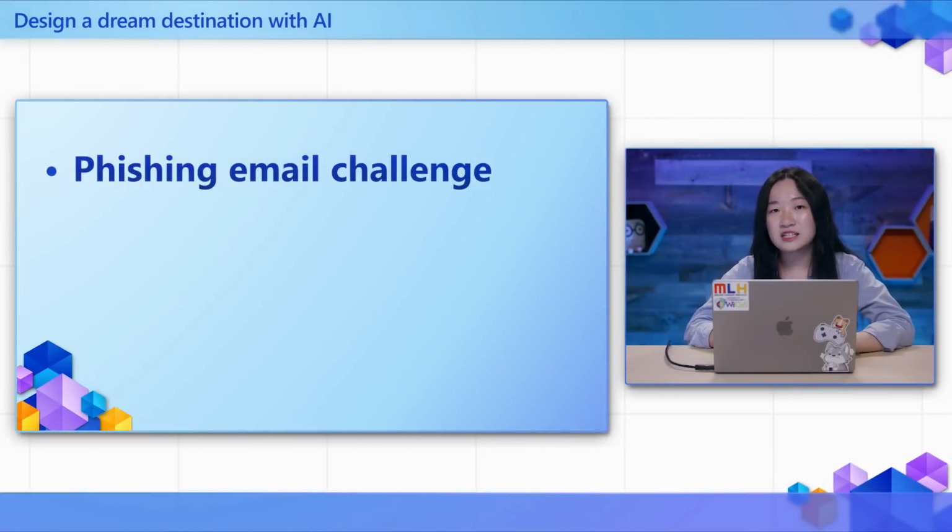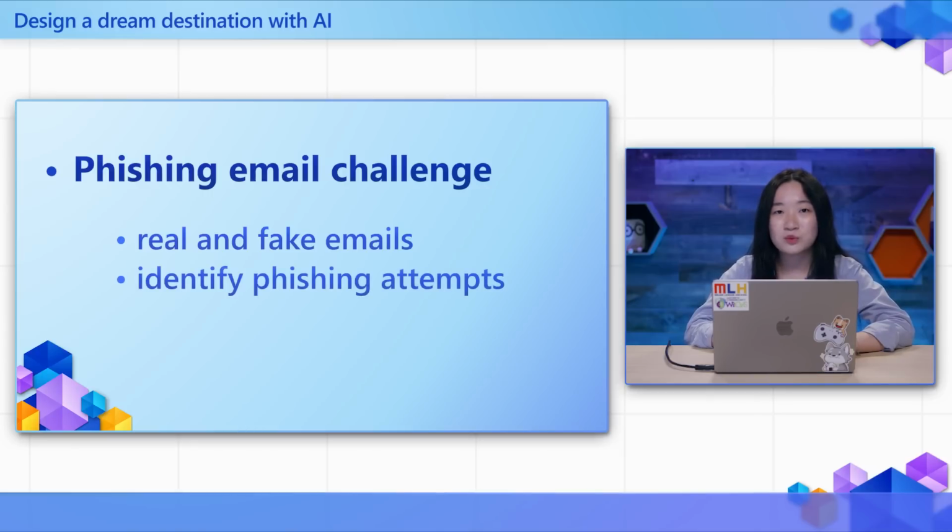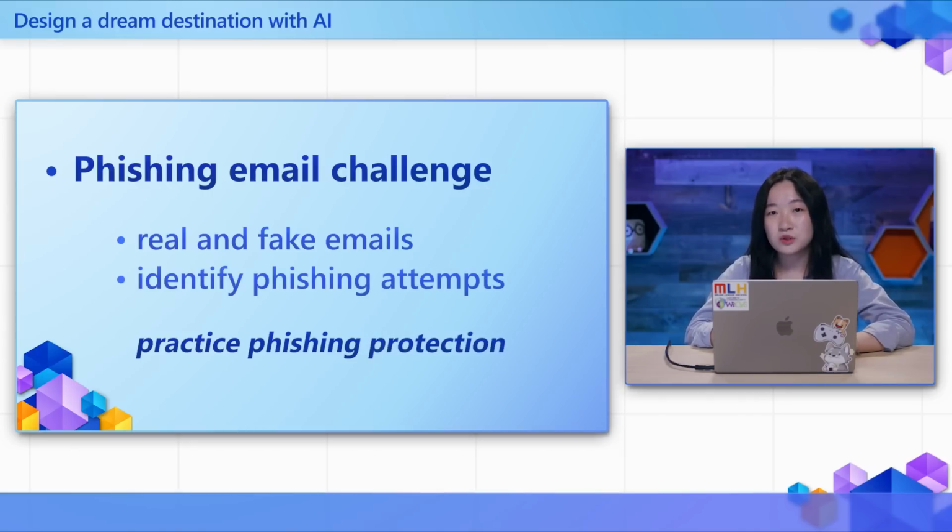Now our second idea is a phishing email identification challenge. Another engaging activity where players are given a set of real and fake emails and must identify which ones are phishing attempts. This teaches participants how to spot suspicious messages and avoid falling for scams, a crucial skill in today's online environment.